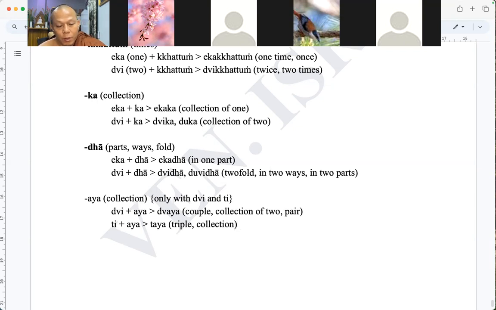Maybe very common. For this example, ratanattaya. Ratanattaya means triple gem. So in this way, it is found only with dvi and ti.